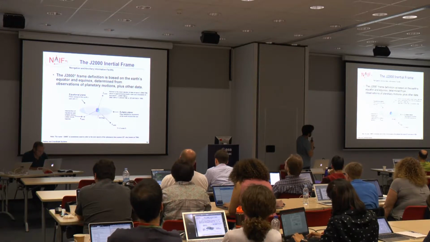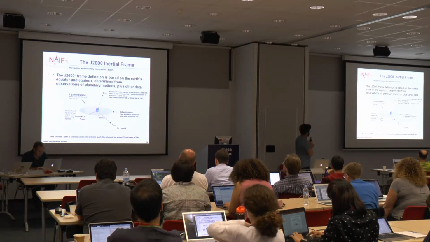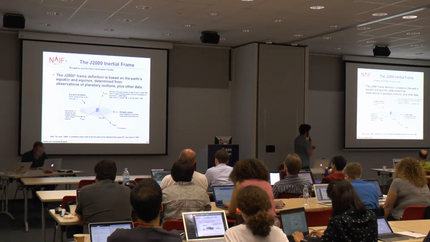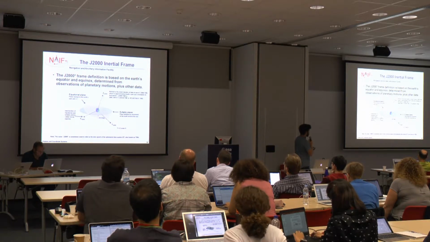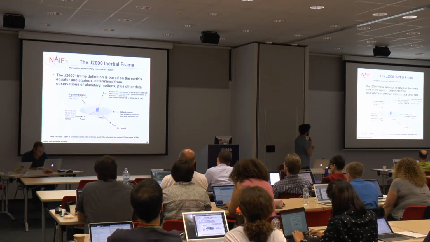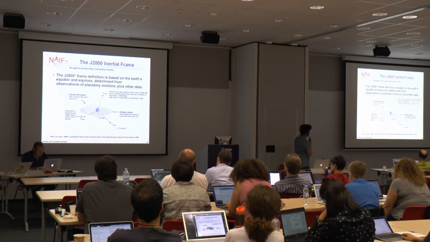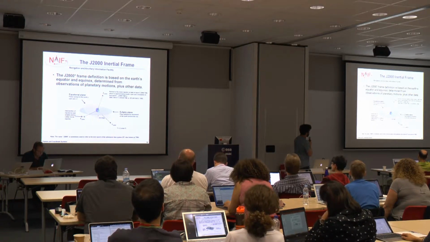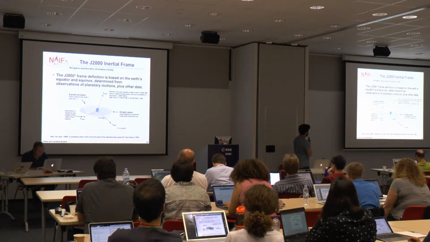Actually, at the epoch 2000 January the 1st, 12:00 barycentric dynamical time, the intersection between this plane at that epoch and the ecliptic plane will give us what is called the vernal equinox.